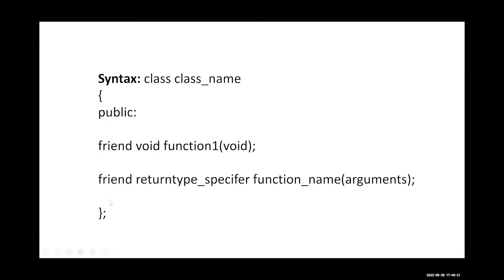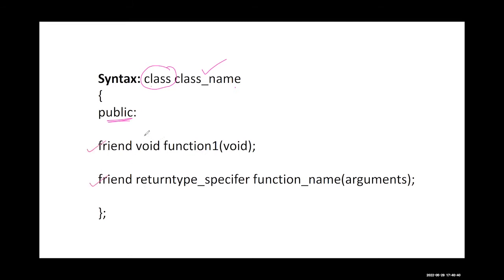Let us see the syntax of the friend function. Have a look here. We have class and then the class name. This is the keyword and this is the user defined name. Then in public I am going to declare. Here you can see two declarations.